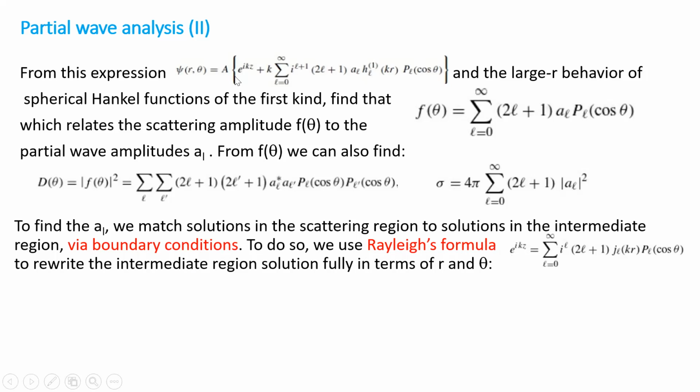Before, notice that we had psi of r and theta, but we had z appearing in the first term, whereas in the second term we had r and theta. We'd like to have psi all in terms of r and theta. We can do that using what the physicist Lord Rayleigh established: e^{ikz}, the plane wave, can be written as a sum over Legendre polynomials and spherical Bessel functions.